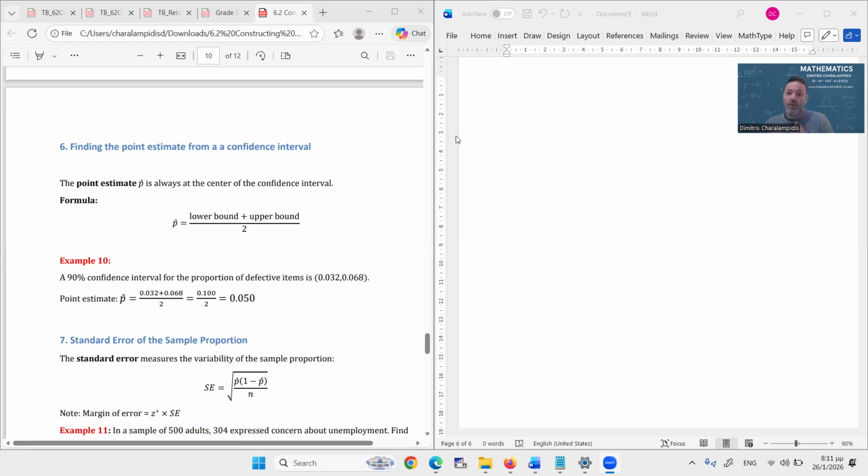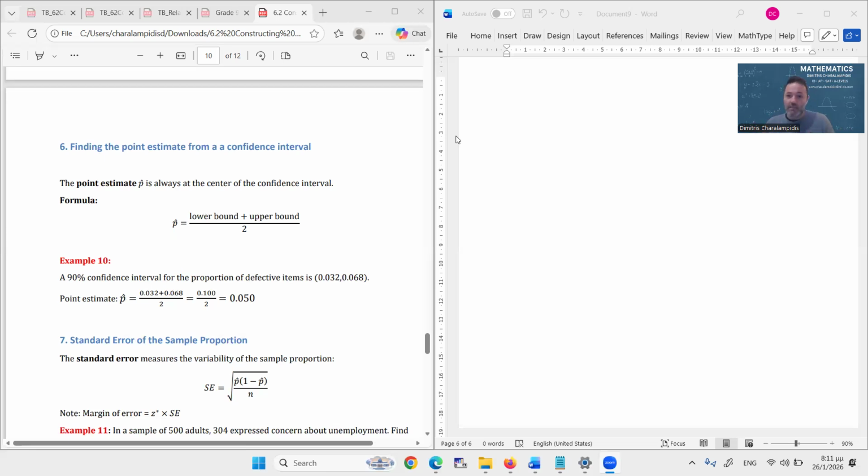So, we might use a sample proportion to estimate the true population proportion. We might use a sample mean to estimate the true population mean. We might take the sample differences of proportions or of means in order to estimate the true differences of population means and proportions, and so on.